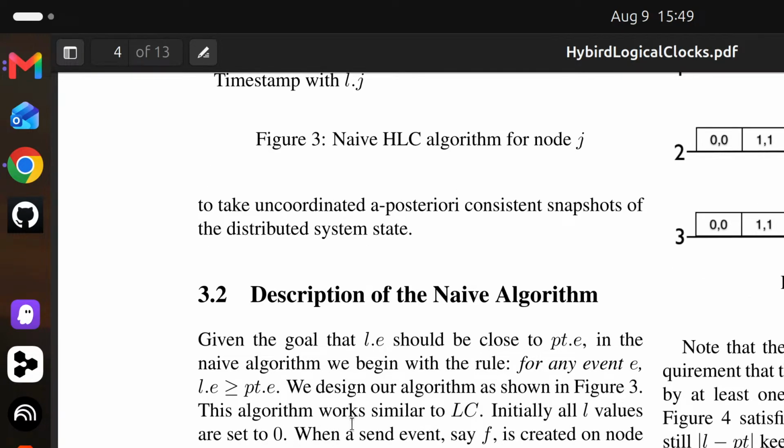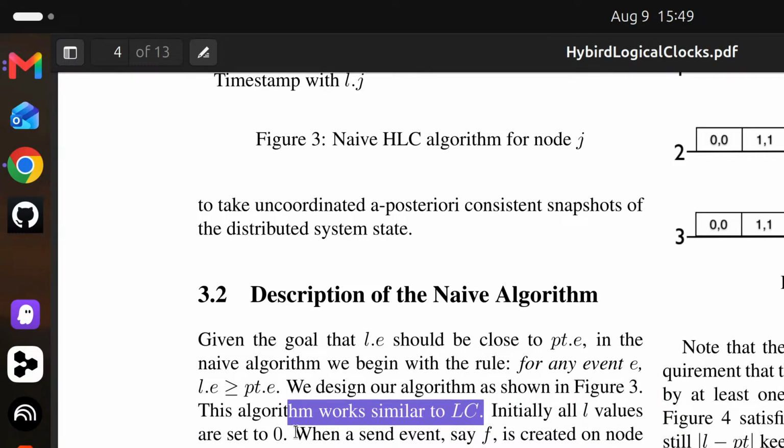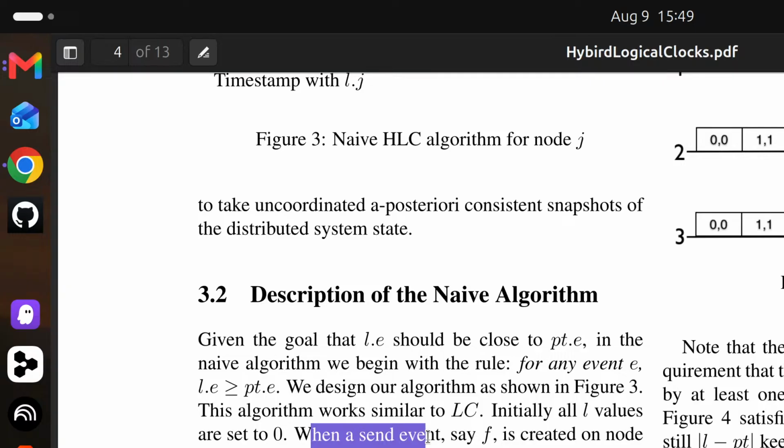This algorithm works similar to a logical clock. Initially, all the L values are set to 0. When a send event, say f, is created on the node j, we just set L of f to be the max of the logical time of the previous event plus 1, or the physical time of j at the node. Whatever the max is, we set it there because we want to be close to physical time.